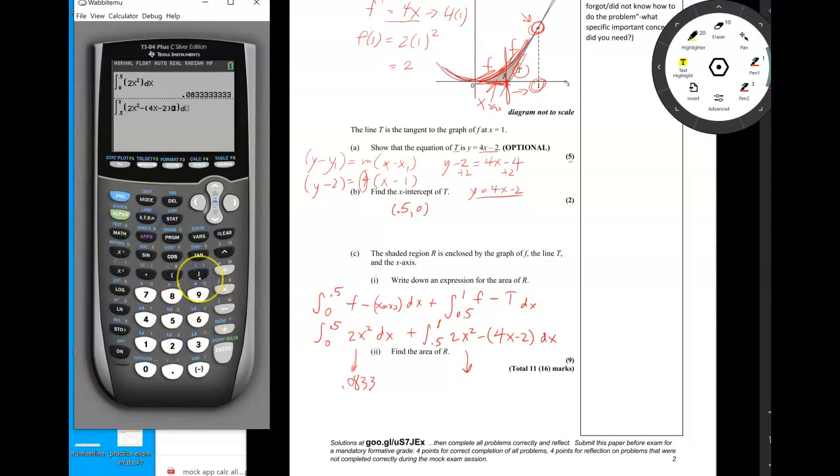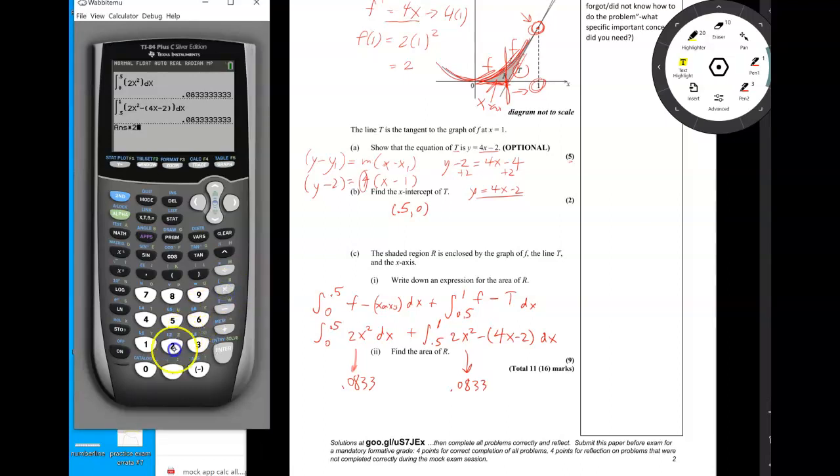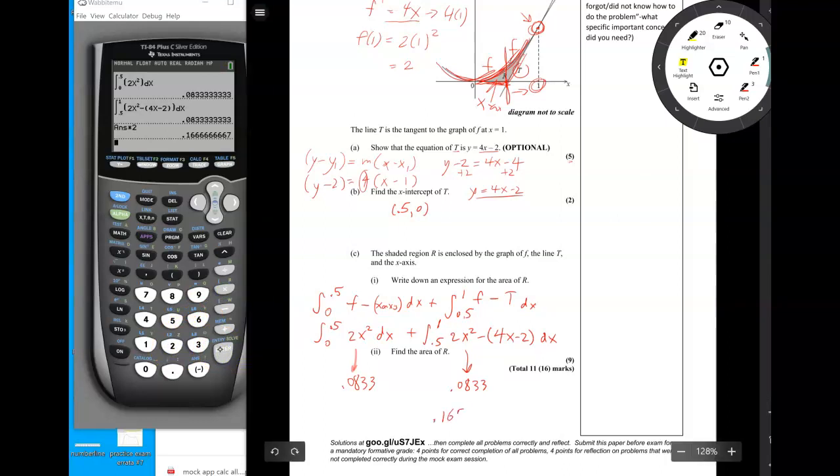Got to put it in parentheses because you're subtracting the t function. And then I put x here. And that also gives me 0.0833. Weird. And then if I add those two together, 0.0833 plus 0.0833, I get 0.167. So the area of R is 0.167.